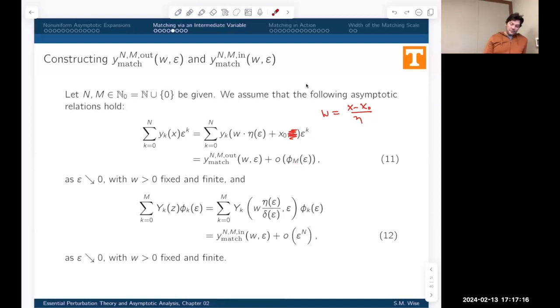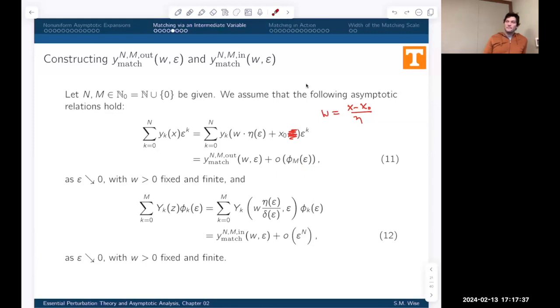Well, you know what the size of this guy is because you know what that gauge function looks like. So basically, when you substitute this in, you do a bunch of expansions. You have to do n plus 1 expansions, and you're going to keep only terms which fall below that size.